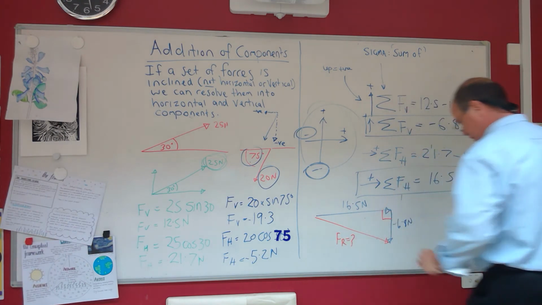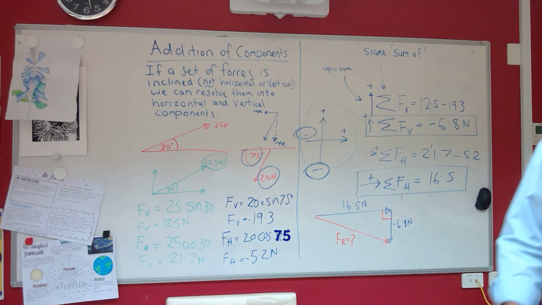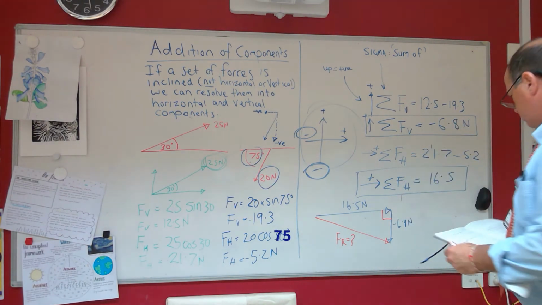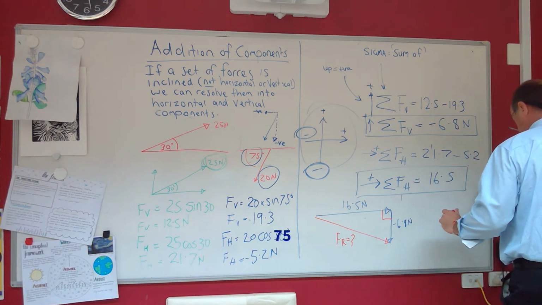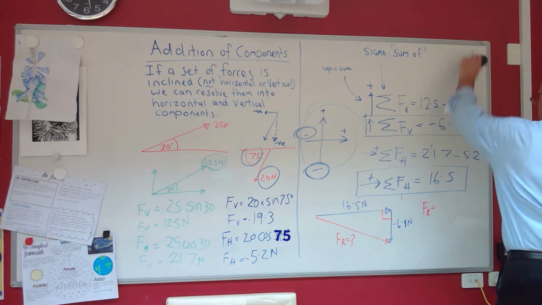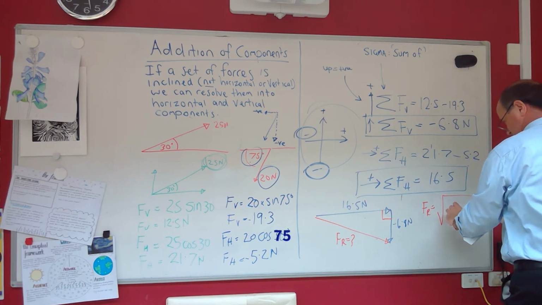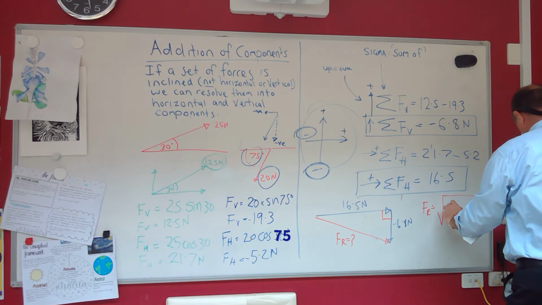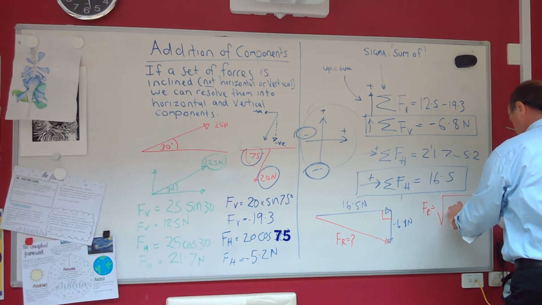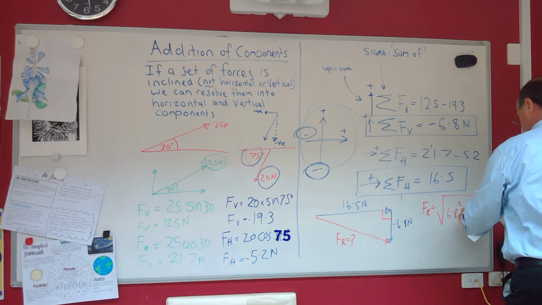Now we know that's 90 degrees, so it's a 90-degree triangle, so we can use Pythagoras' theorem to work this out. So we can go FR is equal to the square root of 6.8 squared plus 16.5 squared.